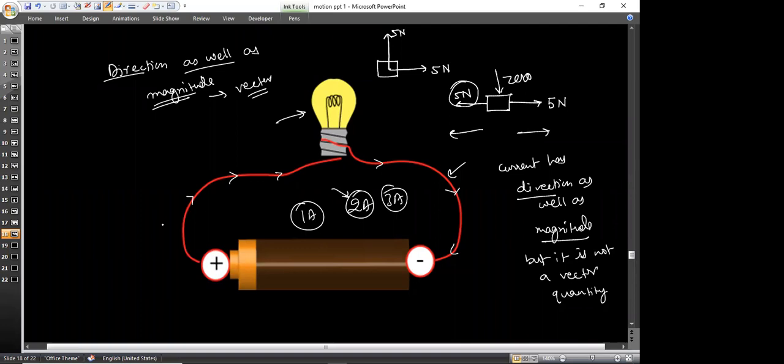Or just imagine, this is a rope placed like this. A 5 Newton force is exerted on this side, and a 5 Newton force from this side, and here we put a ball. Both of them started exerting the force at the same time. In which direction will this ball move?